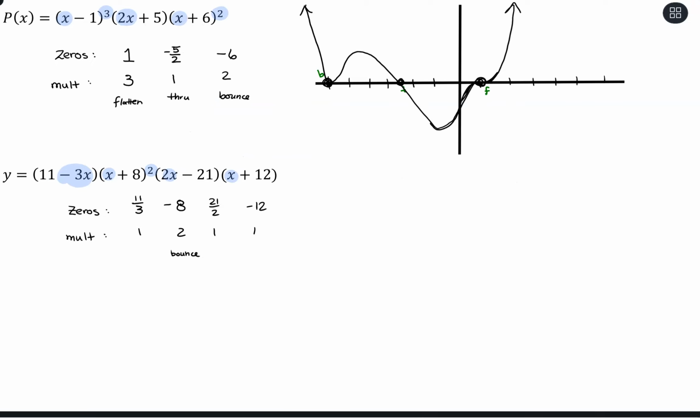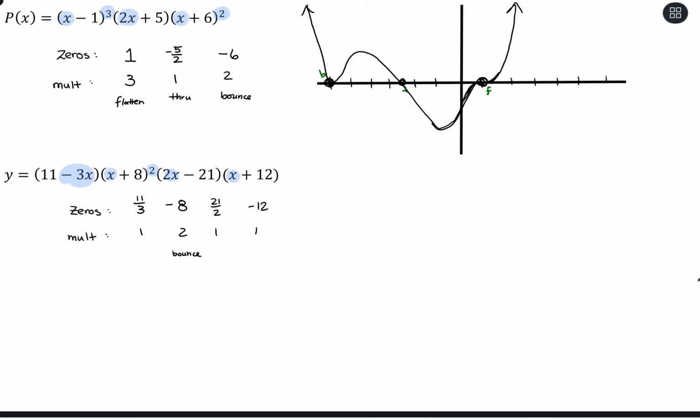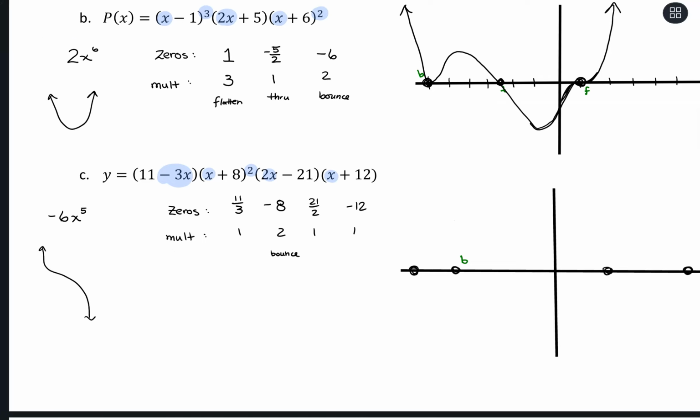I'm going to do a very, very general sketch here, just for the sake of saving a bit of time. Let's say we have our -12, we have our -8, we have our 11/3, we have our 21/2, and that -8 is where we'll have a bounce, but everything else will be positive.